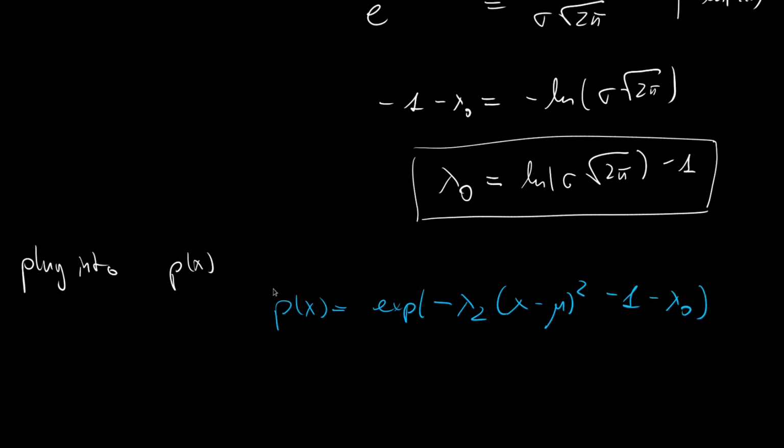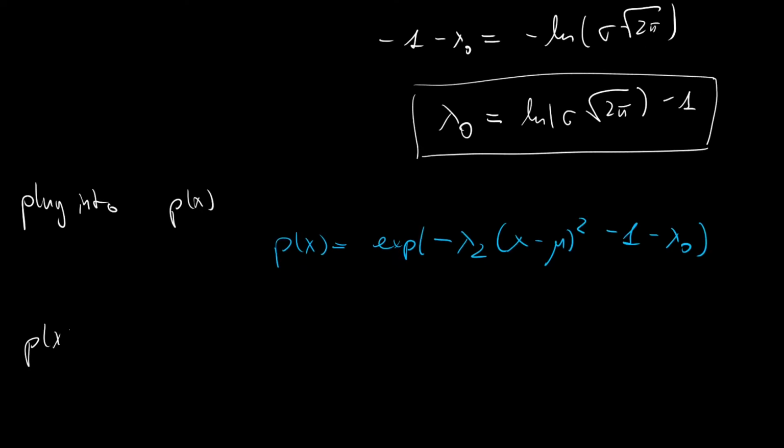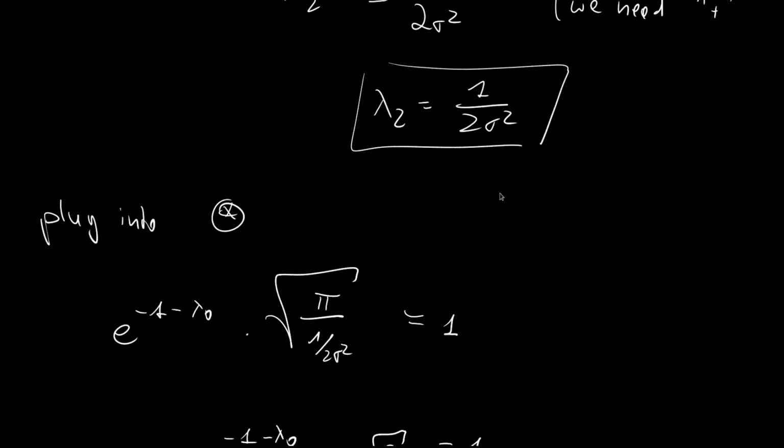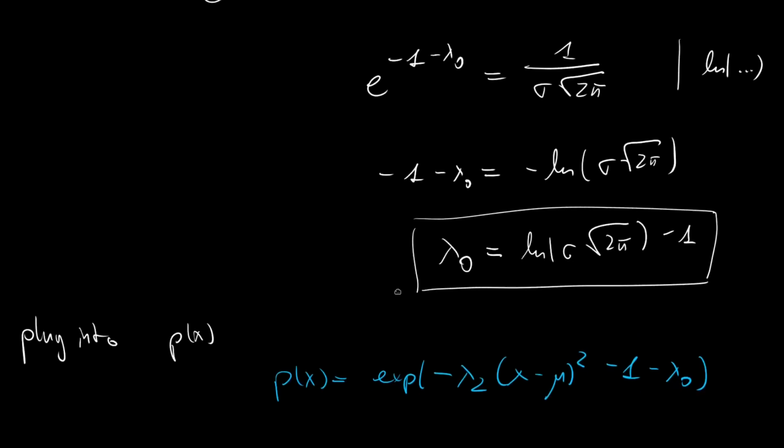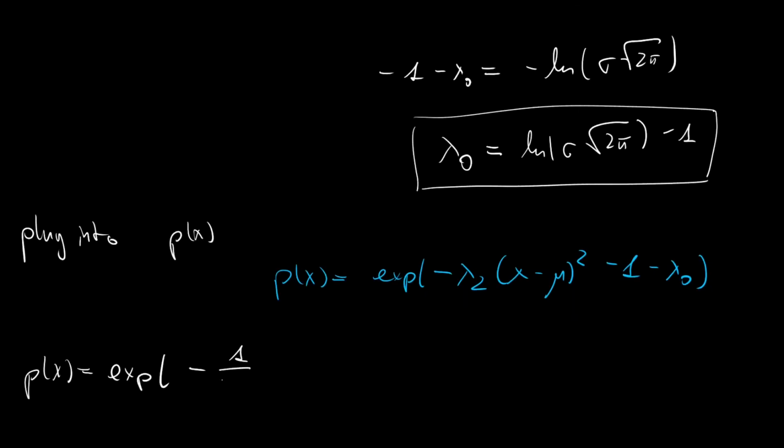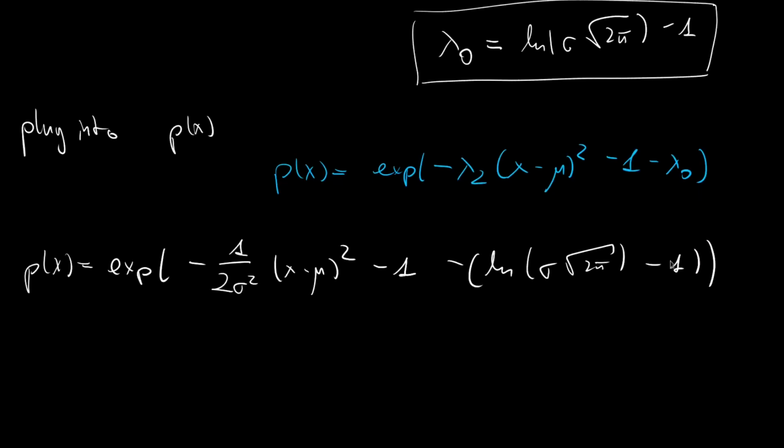And then let's plug in, and we have p of x is the exponential of, and lambda 2 was, recall, 1 over 2 sigma squared, so minus 1 over 2 sigma squared x minus mu in brackets squared, then minus 1 minus, and then let's plug in this, which is the ln of sigma square root 2 pi minus 1, and the minus will be a plus, and then we have minus 1 plus 1, so this cancels.